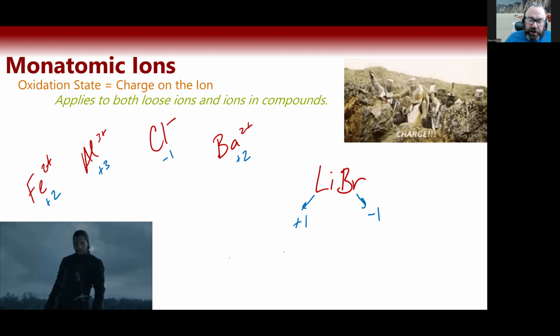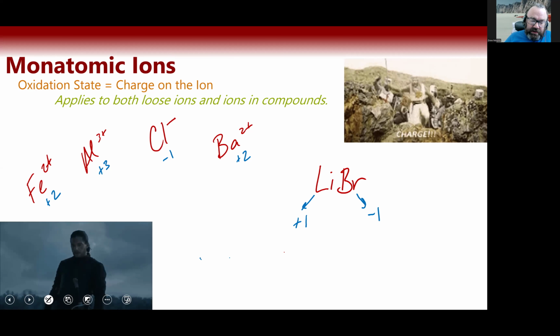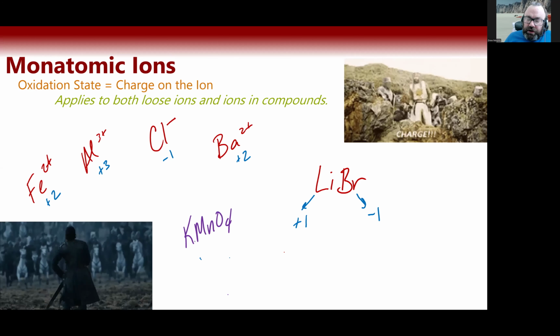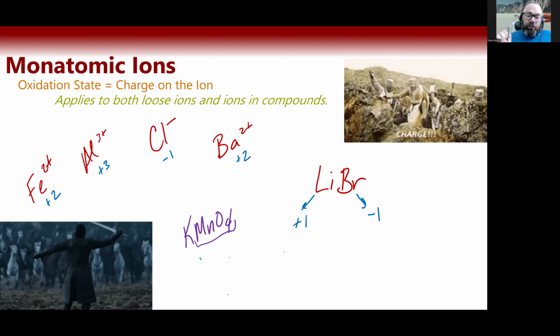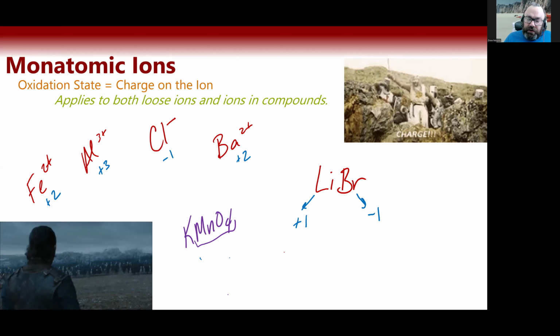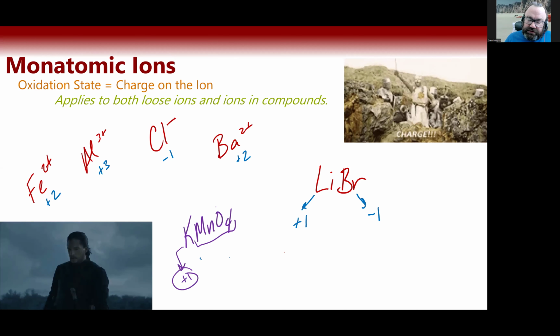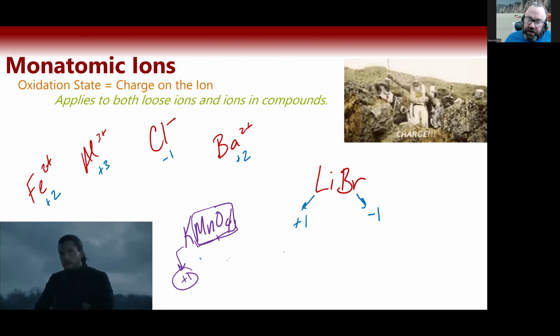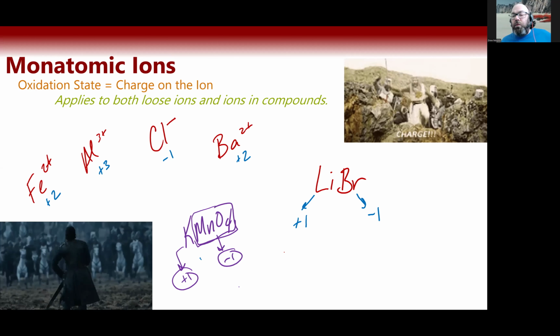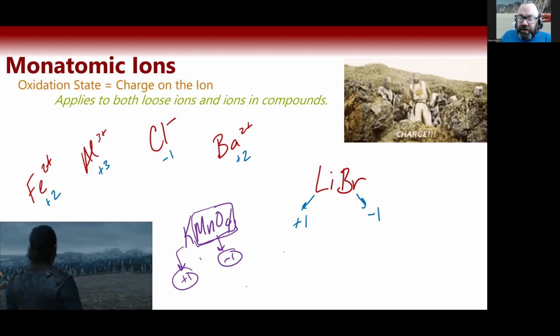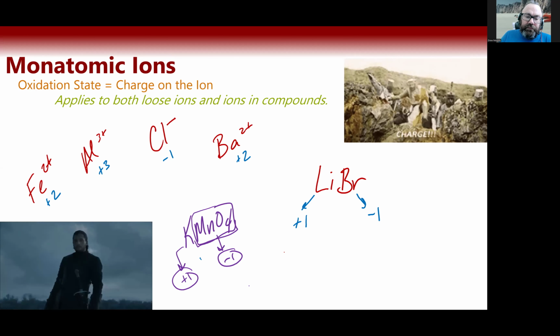Okay, so if we see something like KMnO4, well, the MnO4 part we're going to learn how to do in this video, but for right now, we don't know. We know potassium being in group 1 has to be +1. That means the rest of this, the MnO4, has to be -1, and then we'll work our way through that as we see some other stuff. Okay, so that's if you have a single atom ion.